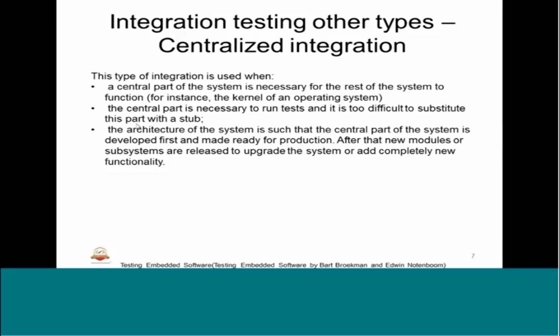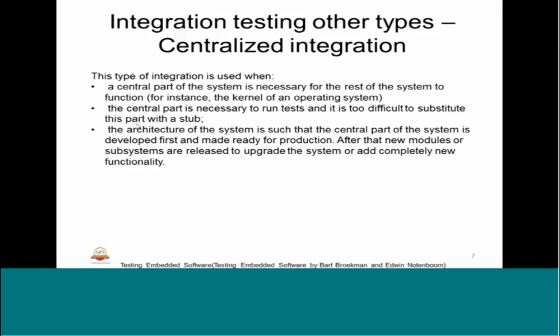So that's how the architecture will be laid out first. After that, the new modules or the subsystems are used to upgrade the system or to add completely updated or new functionality. So that is how centralized integration is going to be done.